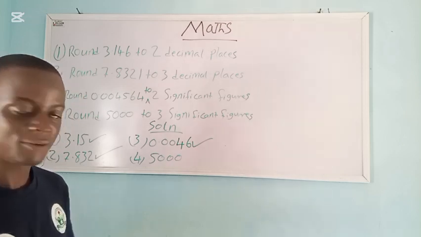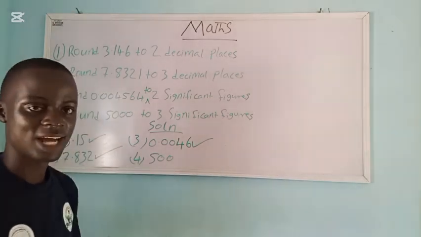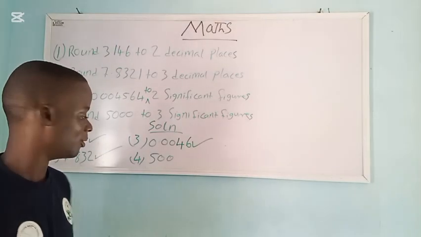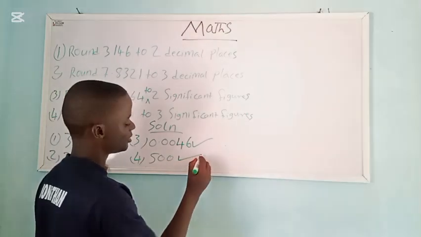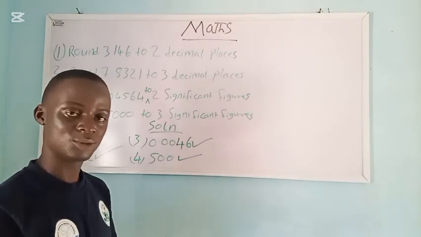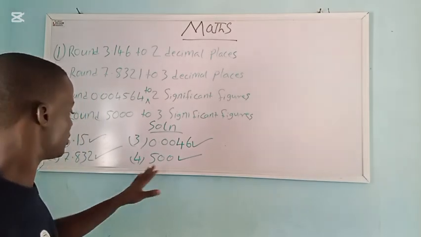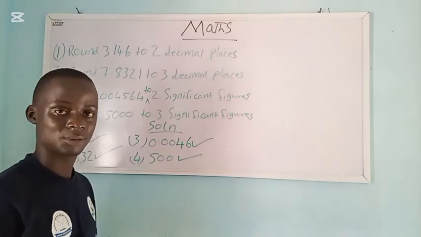But for you to clarify it, you can say, okay, let me leave it as three significant figures, because you say 1, 2, 3. But even if you leave it like that, 5,000, it's still no problem, because this can be one significant figure.